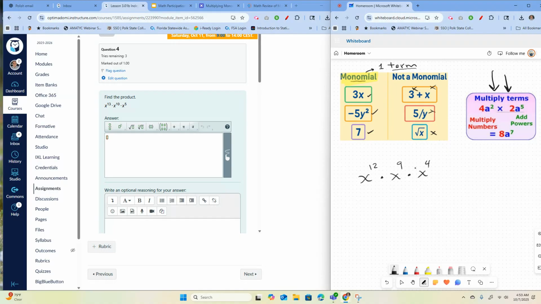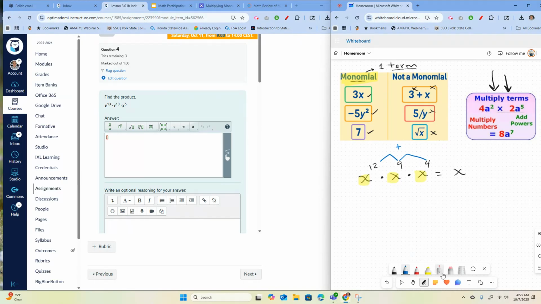Now here you're multiplying more than 2 monomials, but it's still done the same way, by the product rule that we learned in module 1, when you're multiplying powers with the same base. I'm multiplying x's, so you're going to keep the base, keep the x. And next I'm going to add the exponents.